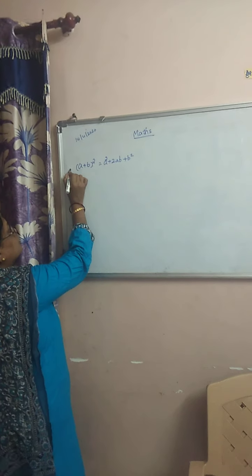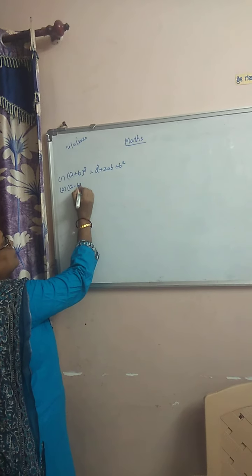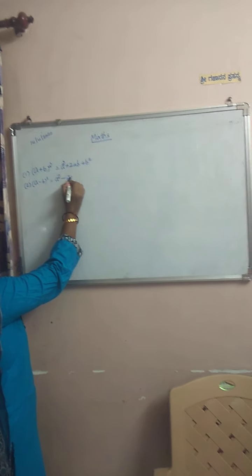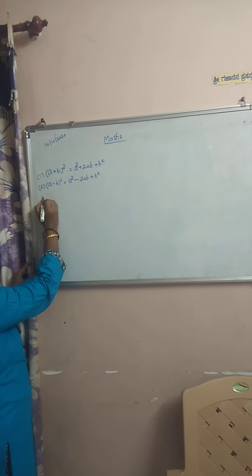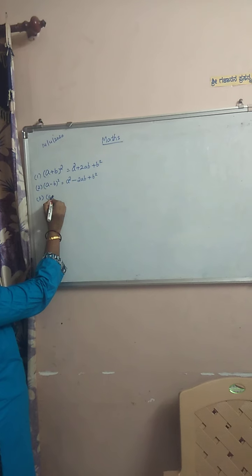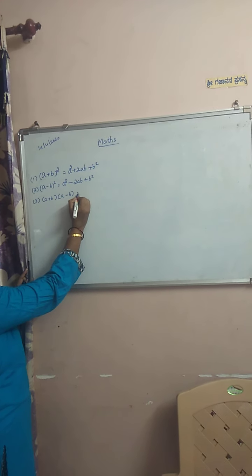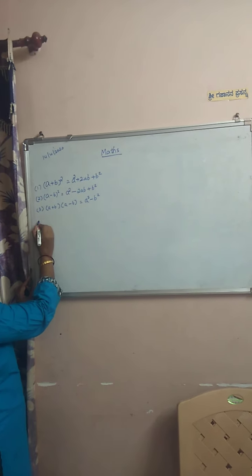Next, the second one, (a minus b) whole square is equal to a square minus 2ab plus b square. Next comes (a plus b)(a minus b) is equal to a square minus b square.